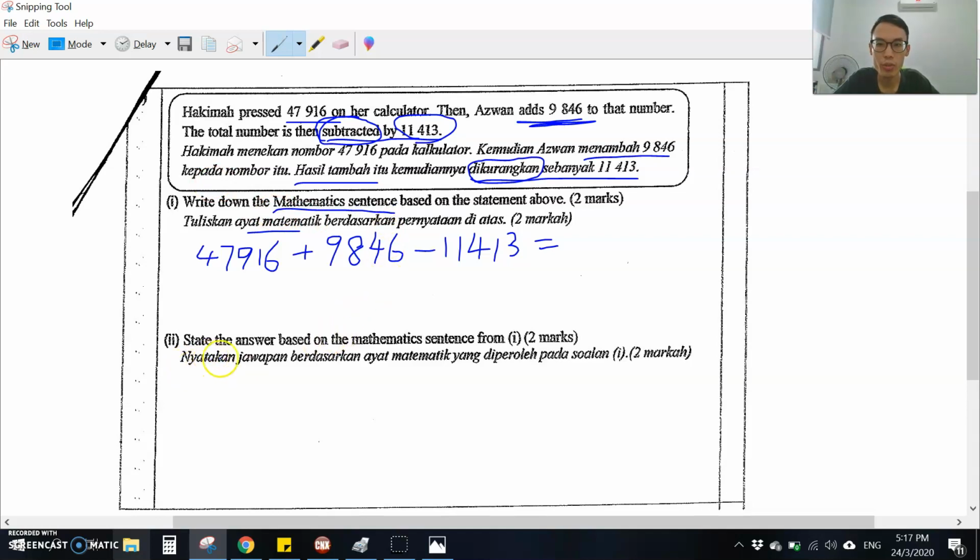Then question 2, state the answer based on the mathematics sentence. So nyatakan jawapan. So you have to calculate this. Okay, so you have to show your calculation here. 47,916 plus this number.